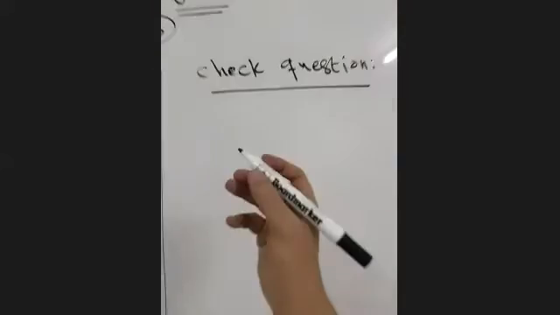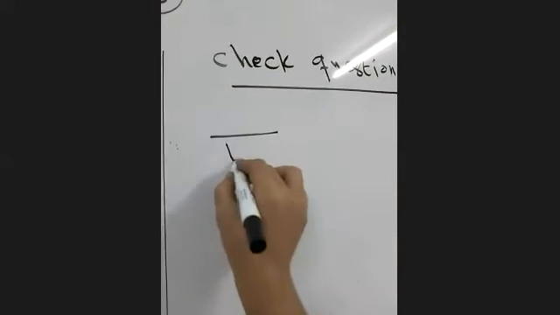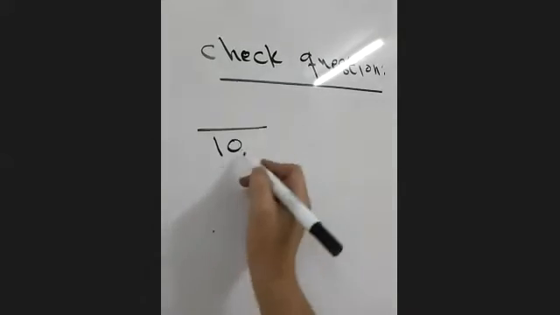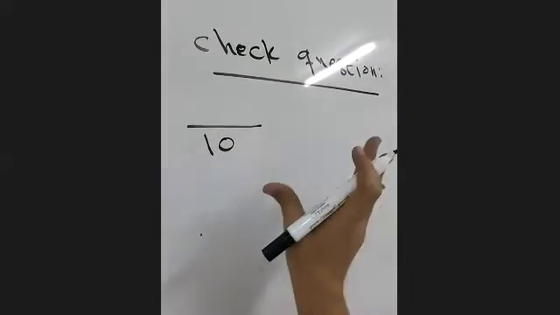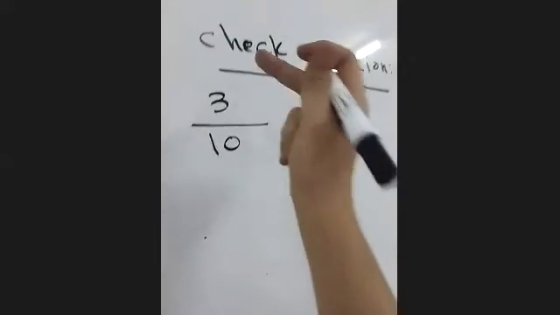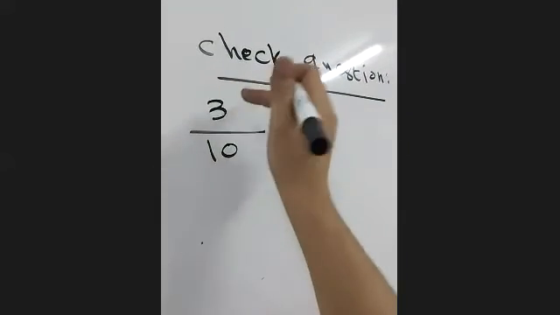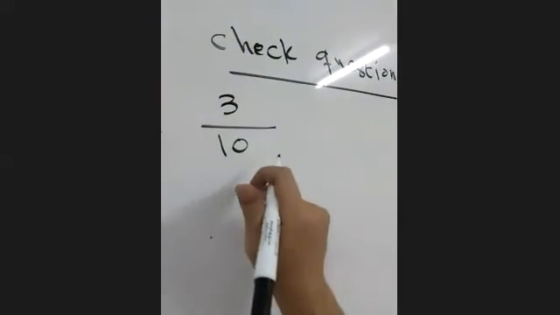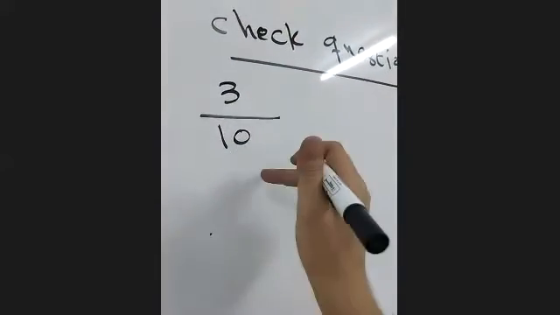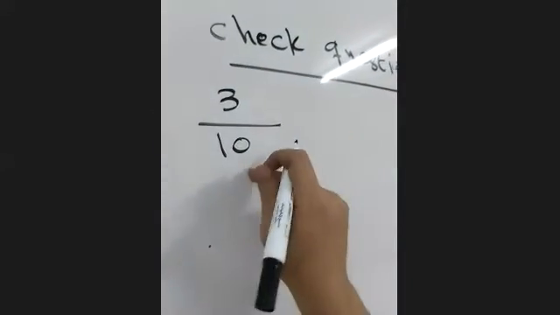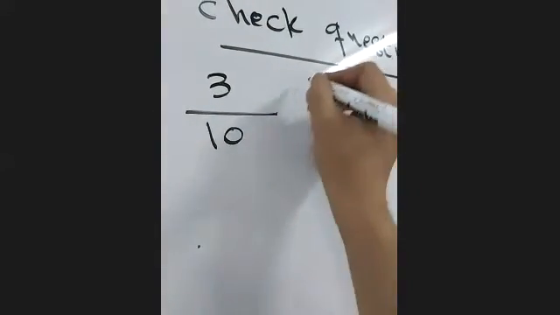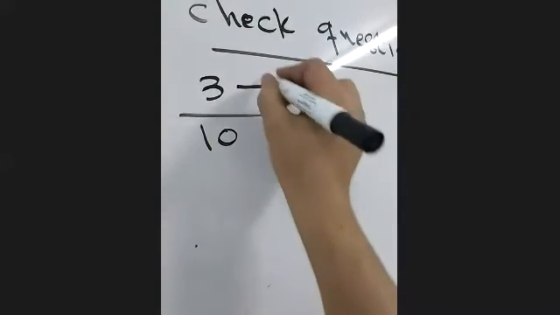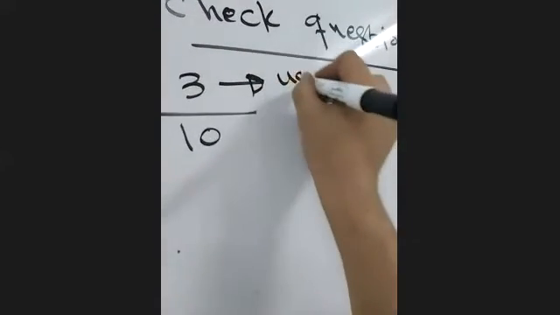Now the question says, guys, out of 10 students means the 10 is the whole. 3 out of 10, in Arabic 3 من 10. 3 out of 10 means the 3 is the part and the 10 is the whole. The 3 are using their phones.